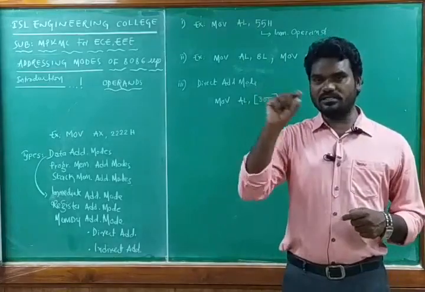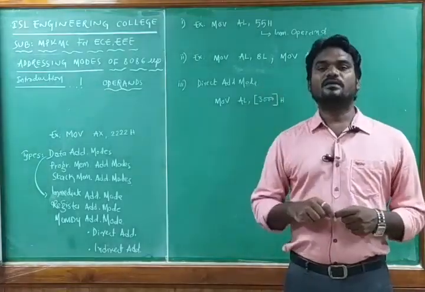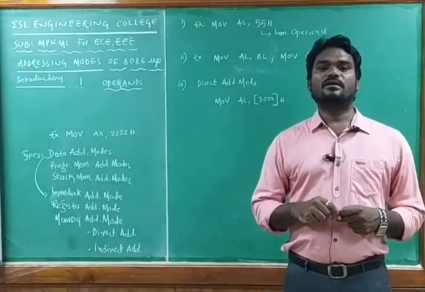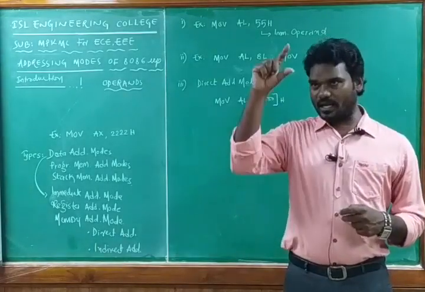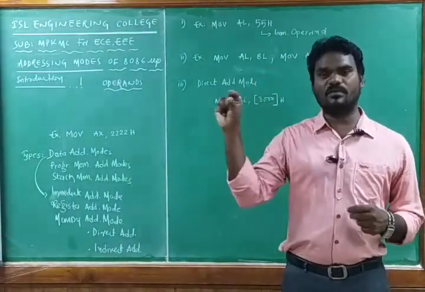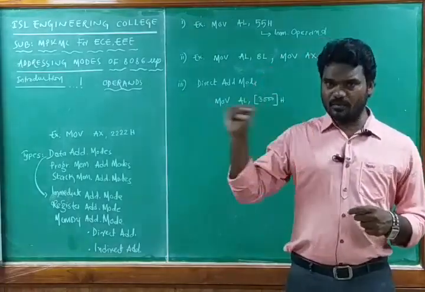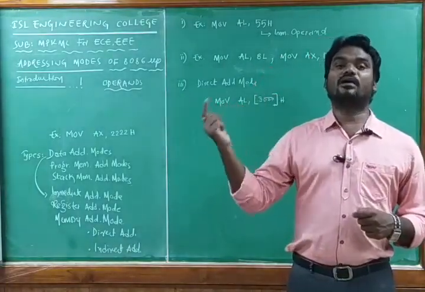That memory has 4 segments, each of 64 kilobytes, and again these 64 kilobytes have memory locations. In those memory locations we can have the operands.